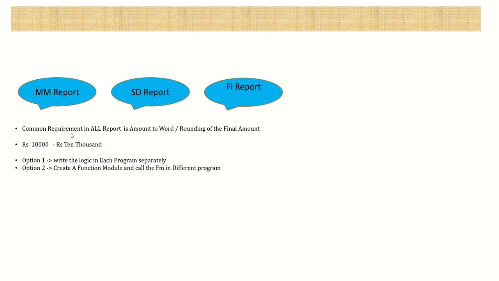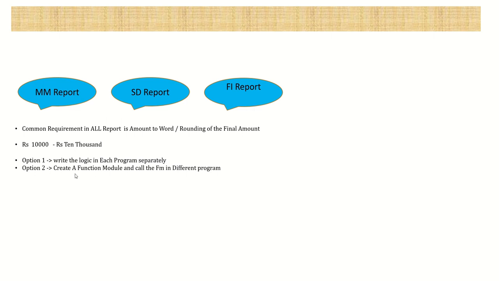As the requirement is common in all the reports, that is convert amount into words, what we can do is create a function module, and in the function module the importing parameter will be the amount and the exporting parameter will be the amount in words.